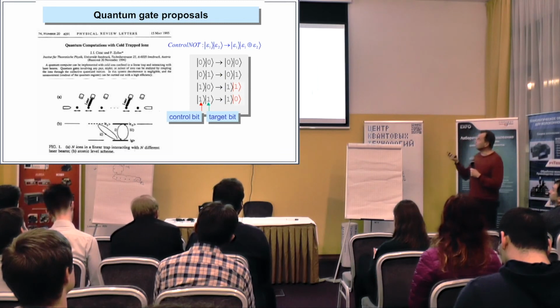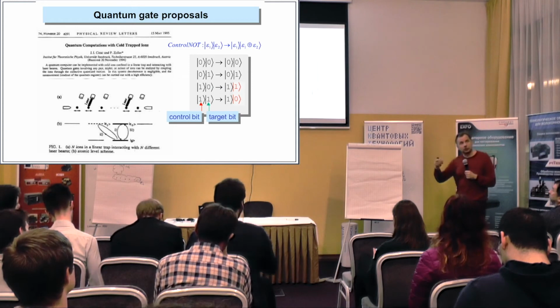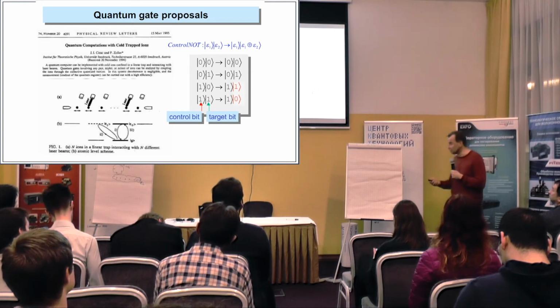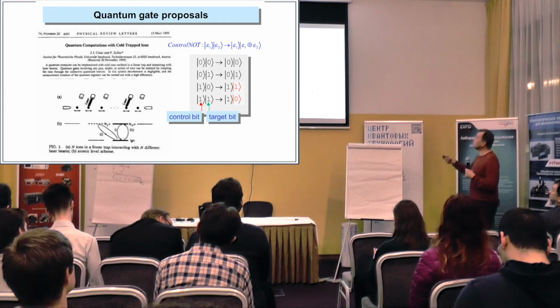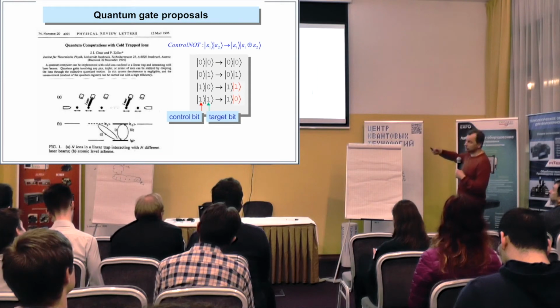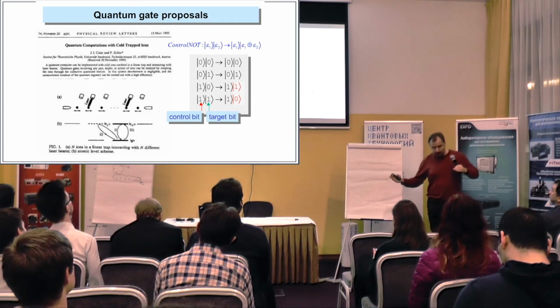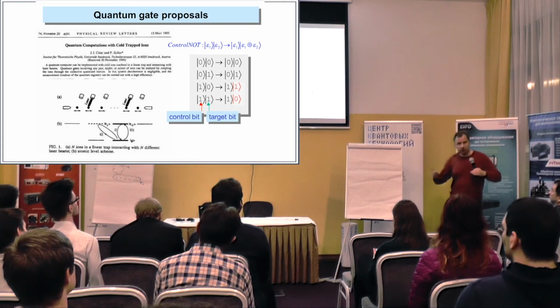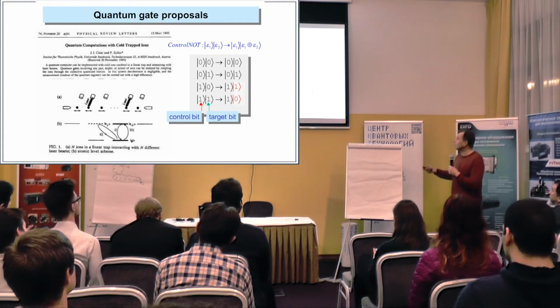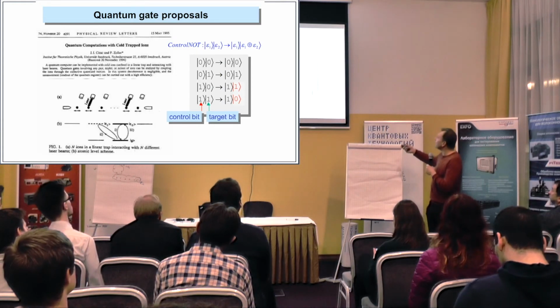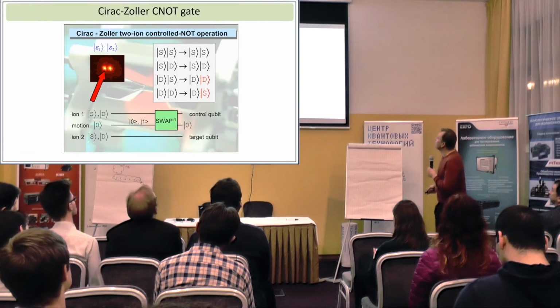So I will not go into details in this picture because we go through this protocol in more detail in a few slides. If you have a CNOT gate, you can have any quantum algorithm you want. And how to implement it was proposed by these two.